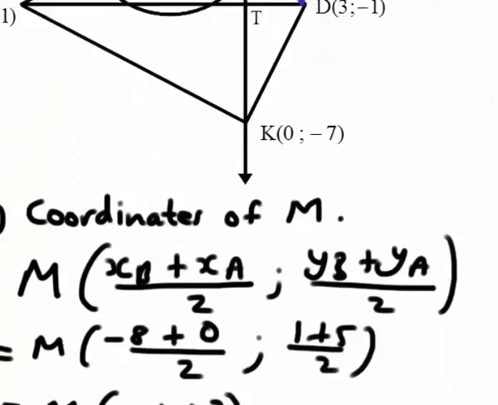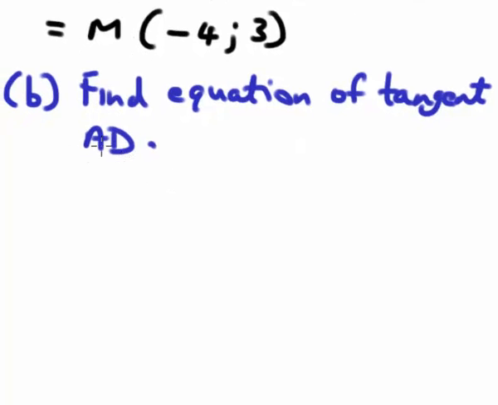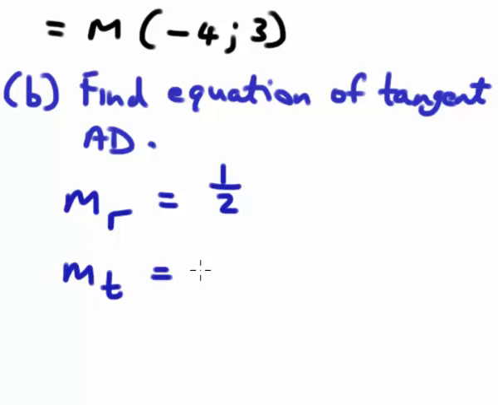So the gradient of the radius is a half. What would be the gradient of the tangent? Negative 2. Swap that around, change the sign, and a half times negative 2 is negative 1.